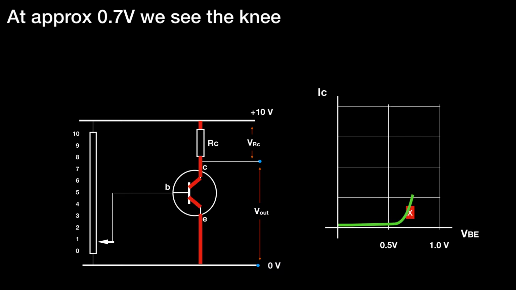If we continue to increase the potentiometer, now we're seeing some substantial current flowing through the transistor, because we've increased the base voltage to about 0.7, and we're seeing the knee of the curve. This IC VBE curve is something we should be able to draw from memory.